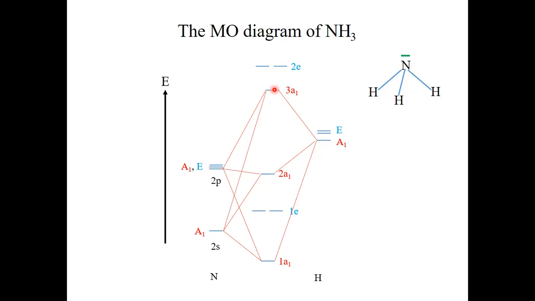We'll only construct molecular orbital diagrams qualitatively. So again, you should connect the molecular orbitals with the atomic orbitals from which they have been made using dotted lines, as you can see here.